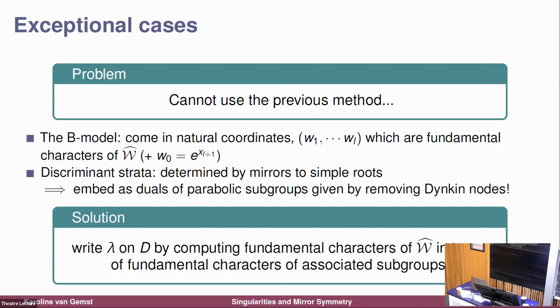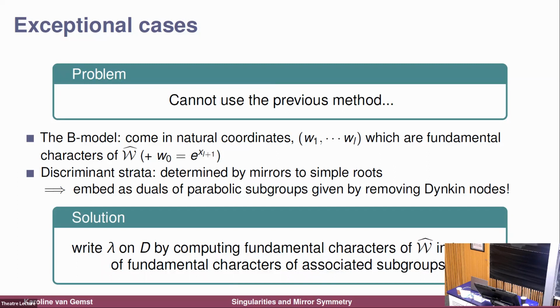And in that way, you can simply use Mathematica or SageMath or your favorite software to do branching rules, as the physicists call it. So writing characters upstairs, removing a Dynkin node, and then projecting down to write these characters in terms of fundamental characters on the subalgebra or subgroup.